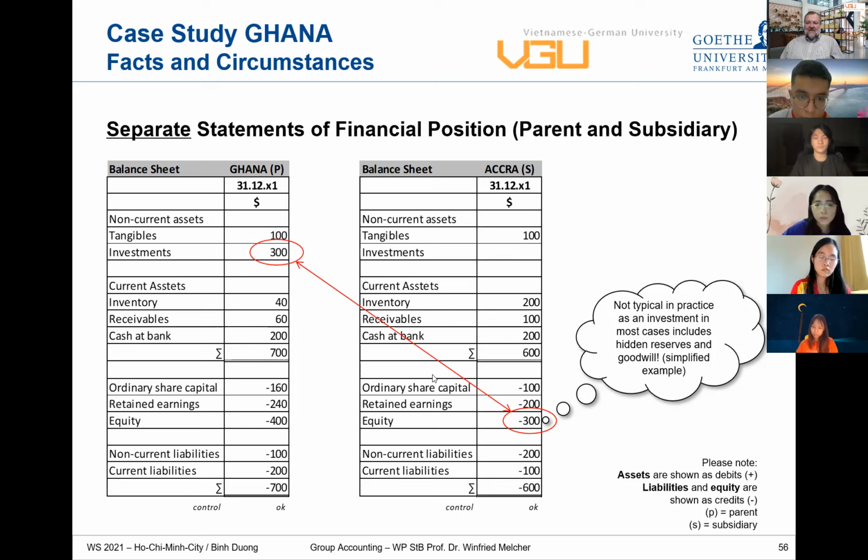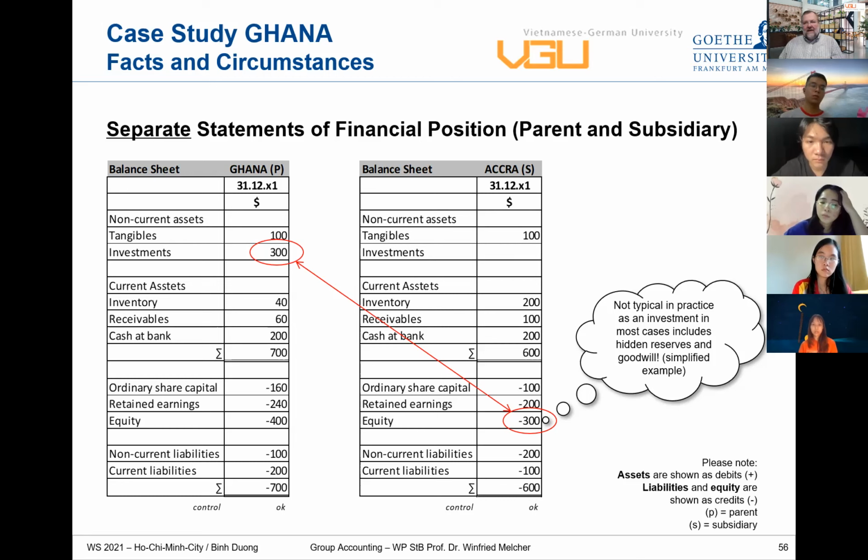So the numbers are the same because of the simplified example, because there were no hidden reserves and no goodwill. I just want to let you know that these two numbers in practice will not be the same most of the time. This is just a result of the simplified example.